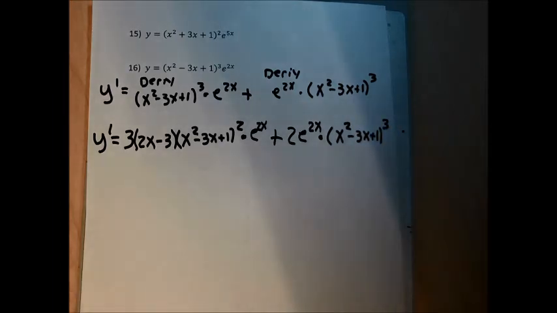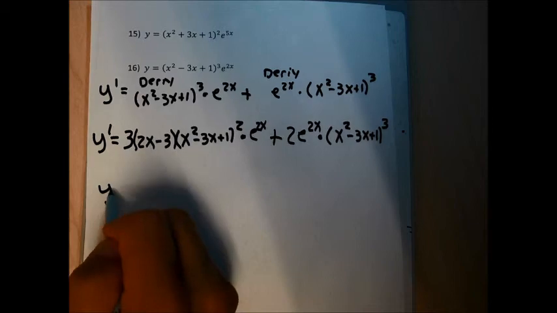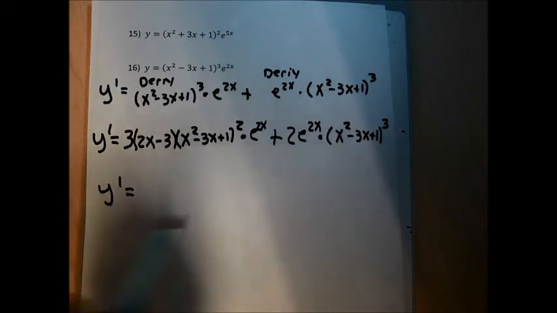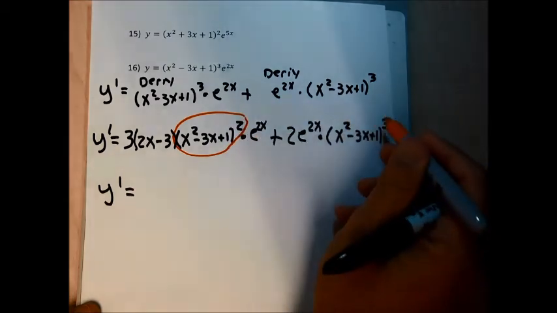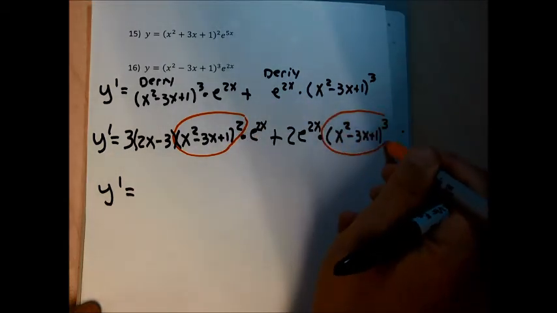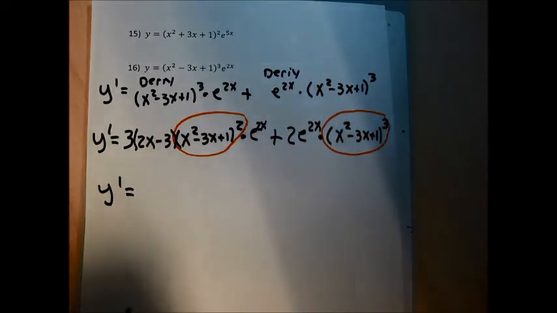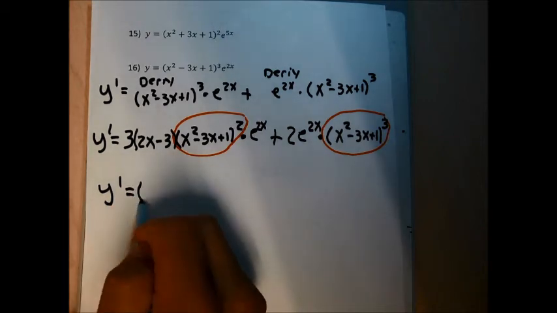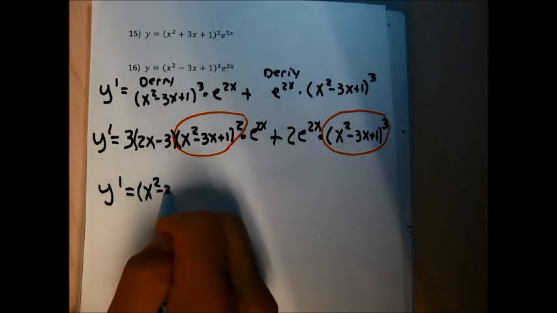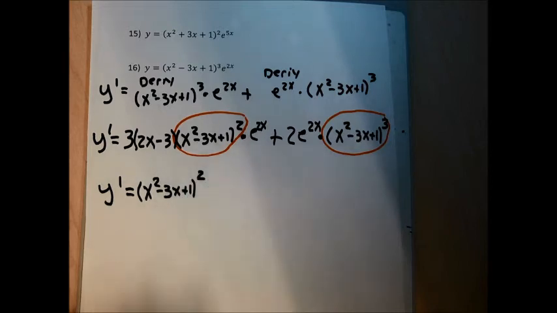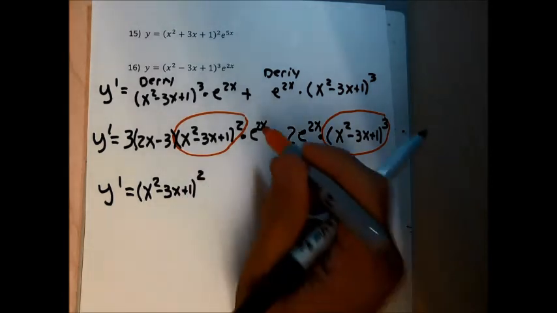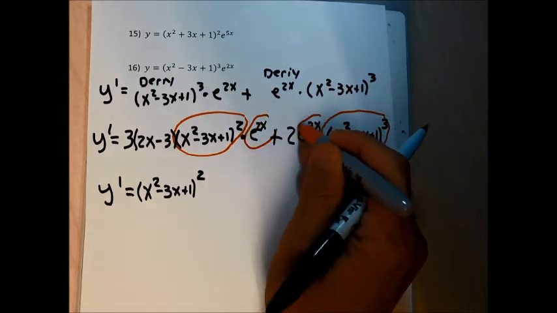Now I look for common factors. I'm going to get y prime equals, and there's a big parentheses with a squared and that big parentheses with a cubed. I take the smaller exponent, so I'm going to take the squared one. So I'm going to have an x squared minus 3x plus 1 squared as part of my common factor. And I have an e to the 2x and an e to the 2x.